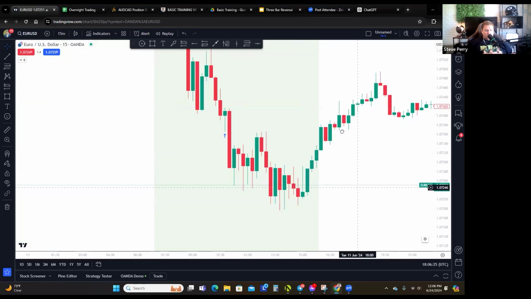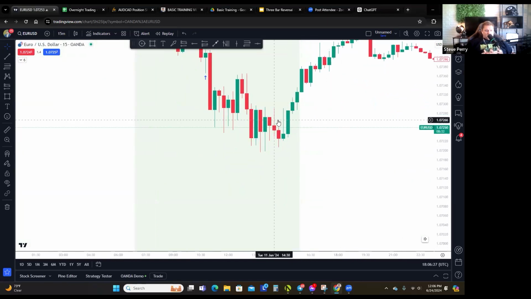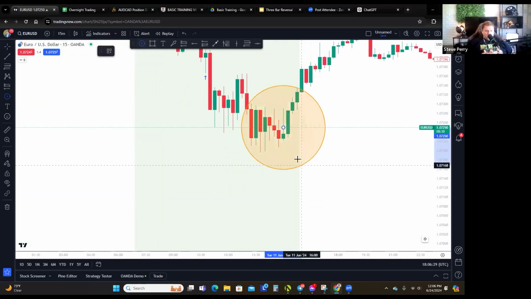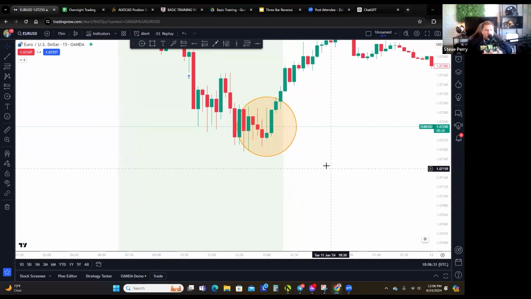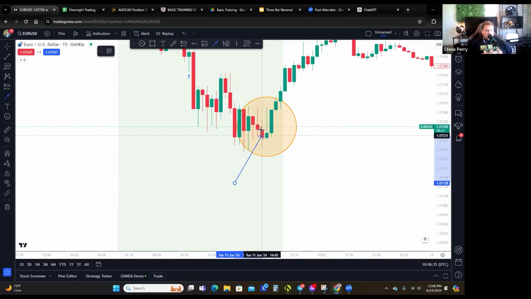Here's a pretty big pivot point right in this area. You can see you've got this bearish candle. It's not a huge bearish candle, but then you have kind of an indecision candle right here, huge wick at the top, small body. And then the next candle closes above.